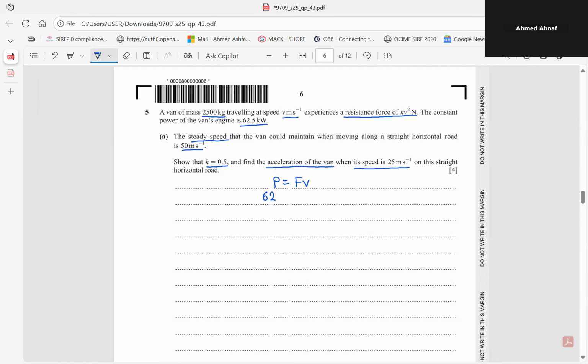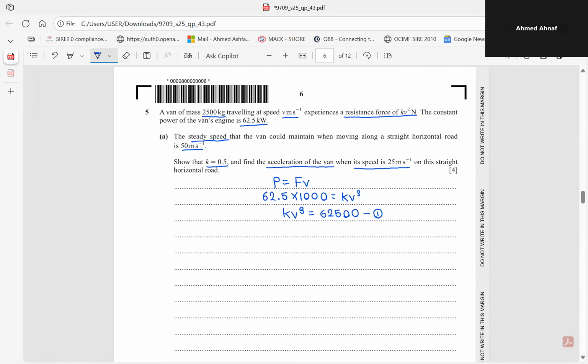Our power is 62.5 kilowatts, so 62.5 times 1,000. And the force, since it's moving at constant speed, should be the same as the resultant force, so kv squared. And kv squared times v, that's kv cubed. So kv cubed equals 62,500. So this is equation number 1.